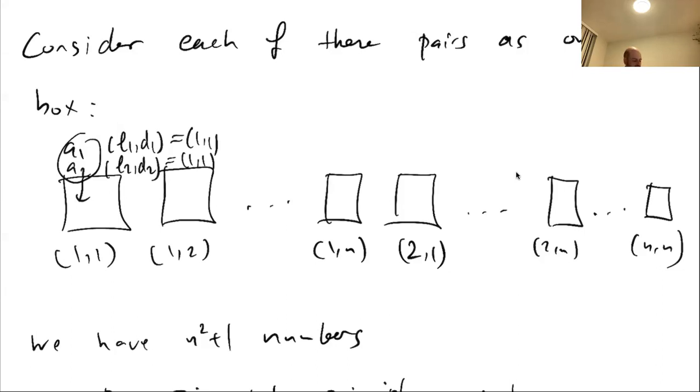So if the pair assigned to the box is 1 and 1, and I have two pairs in it, that means L1 and D1 and L2 and D2 are both 1 and 1, which means L1 and D1 is equal to L2 and D2. And similarly, if two pairs are in the box 1 and 2, again, both of those pairs are equal to 1 and 2, and again, they are equal. And so on.